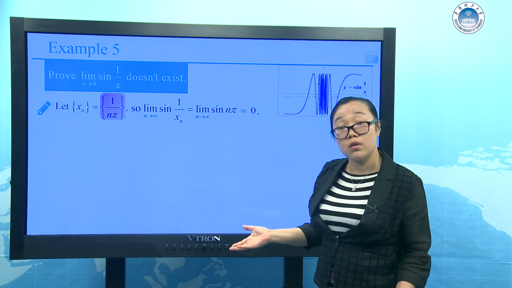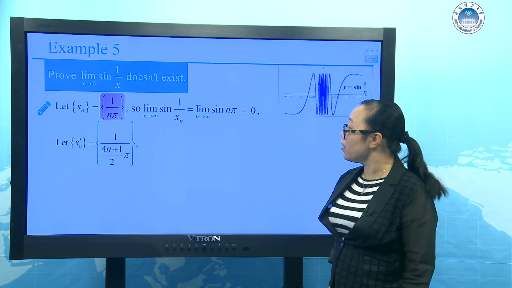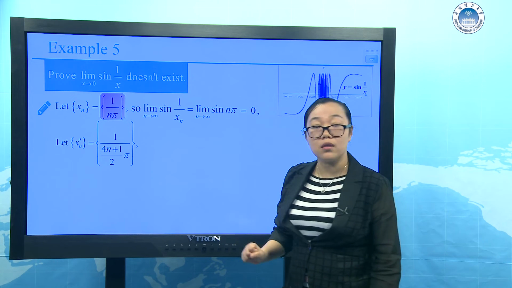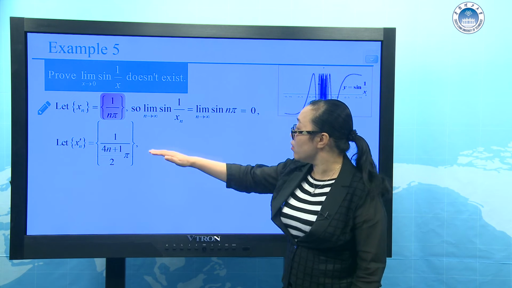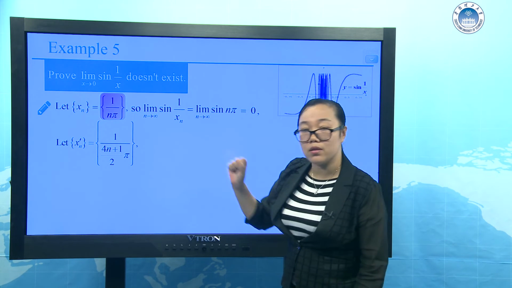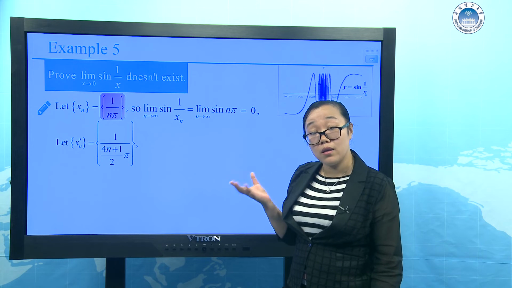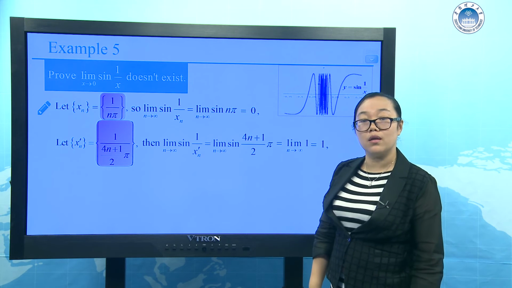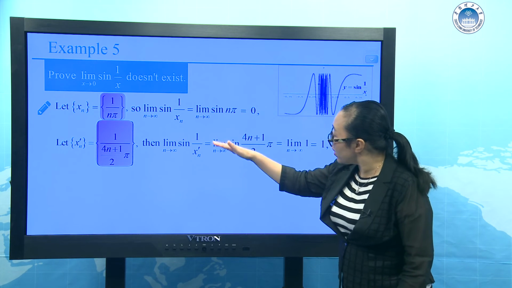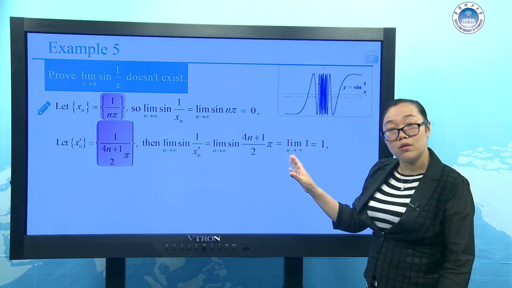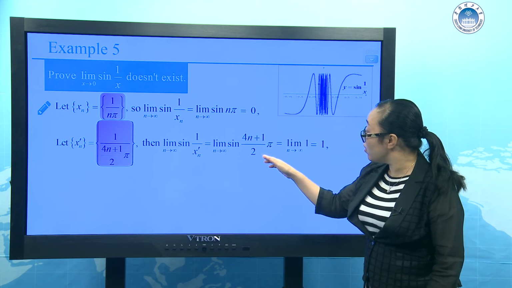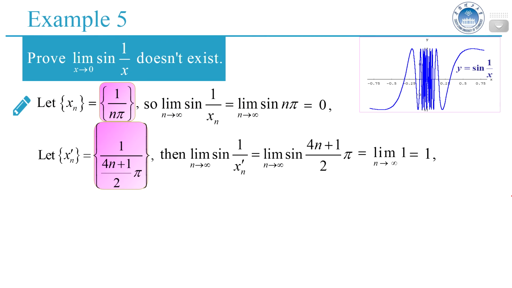Some special points equals 0. So now, if always equals 0, no. Taking another point, x_n prime equals 1 over this expression, (4n plus 1) over 2 times pi. At this time, the corresponding limit equals this expression. You can compute by yourself, okay? 4n over 2 means double n pi.